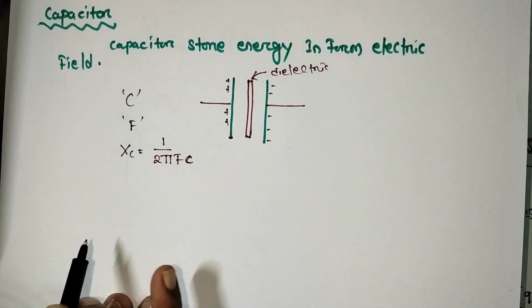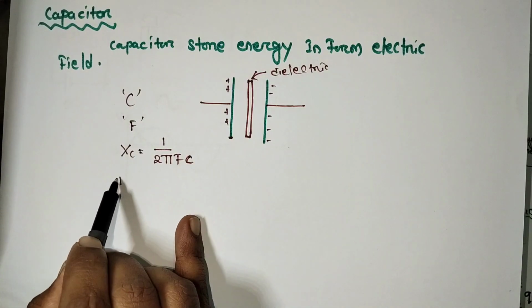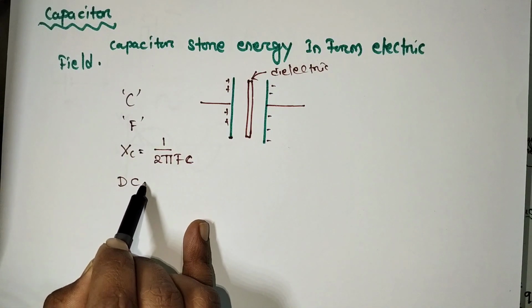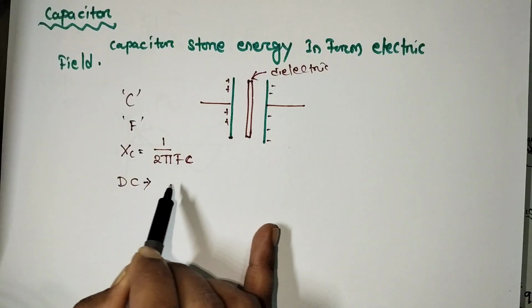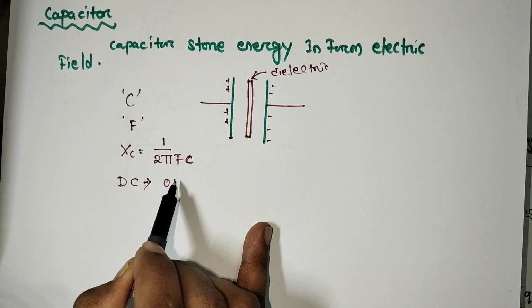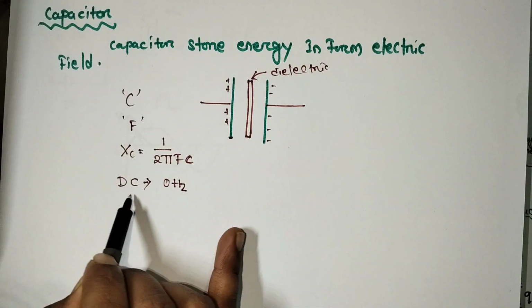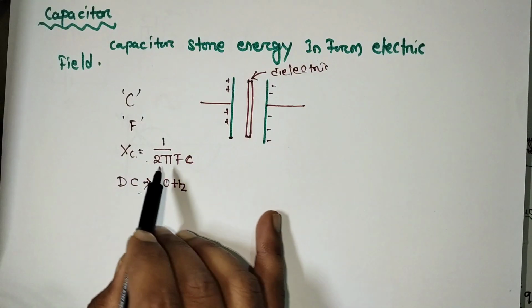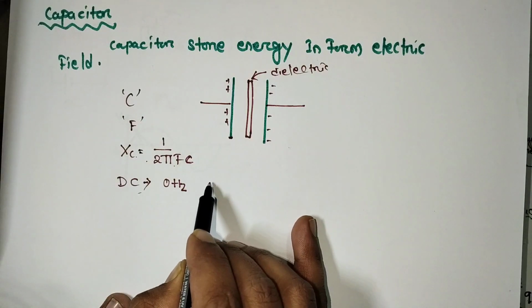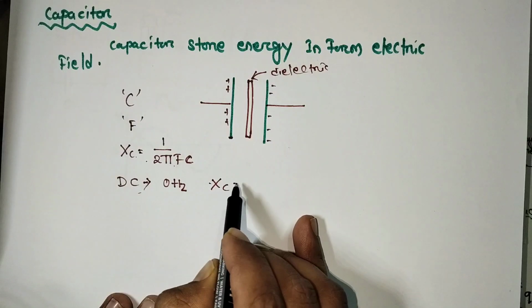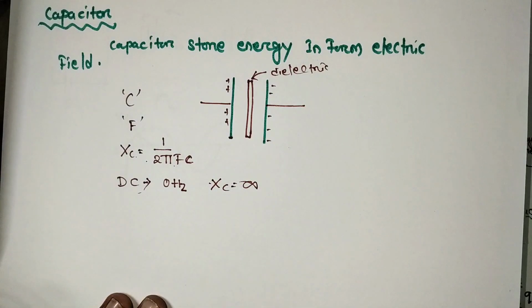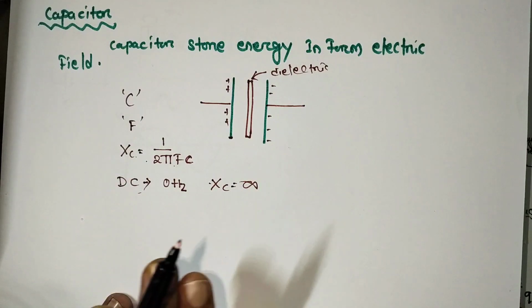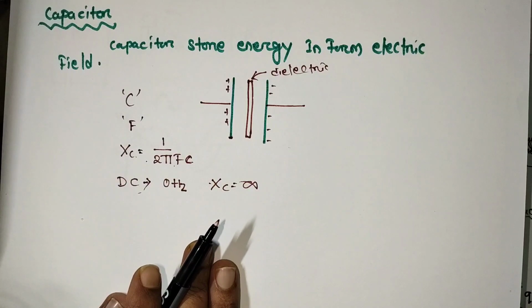When you apply DC, you know DC has zero frequency, or 0 hertz. When the frequency is 0, Xc goes to infinity. That means when you give a DC supply, it always blocks the DC.